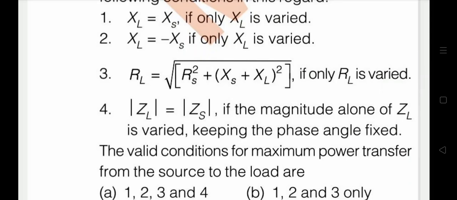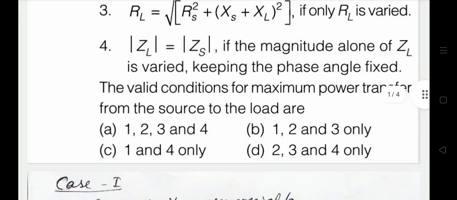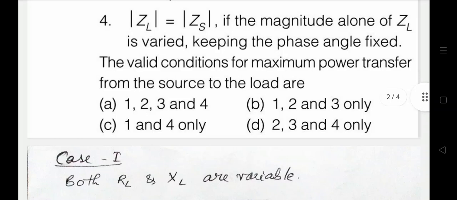R equal to root of R square plus (XS plus XL) whole square if only R is varied. Mod ZL is equal to mod ZS if the magnitude alone of ZL is varied, keeping the phase angle fixed. The valid conditions for maximum power transfer from the source to the load are.